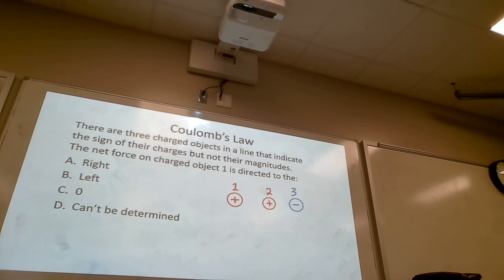Net force on object 1. Have a conversation and tell them why you think so. Yeah, no, all of them.